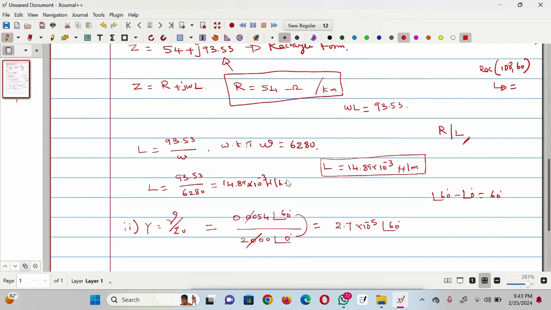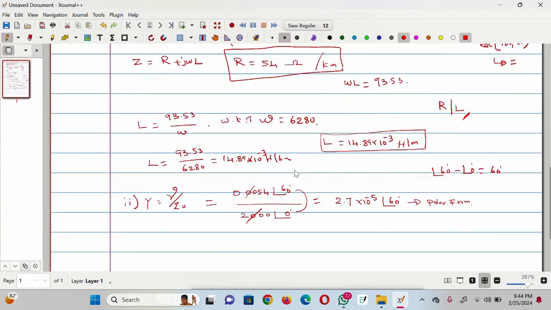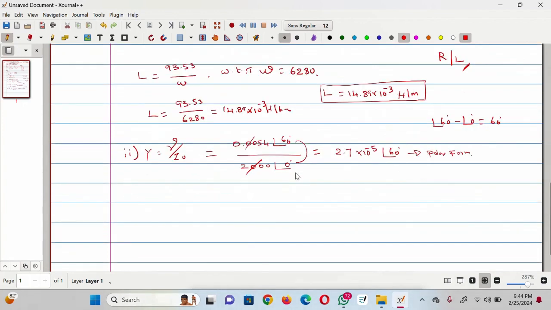So this is the value of admittance, 1.154 × 10 to the power of minus 5 at an angle of 60 degrees. Already I told you this belongs to polar form. From polar form we need to convert to rectangular form, which we can do with the help of a scientific calculator.